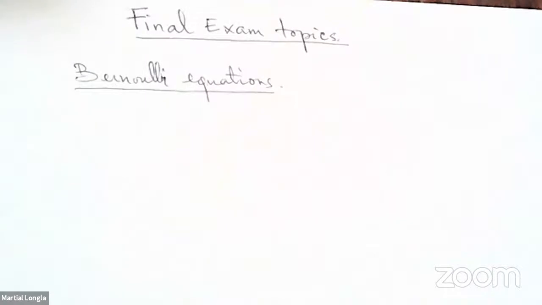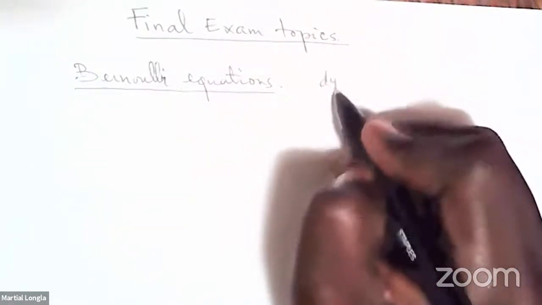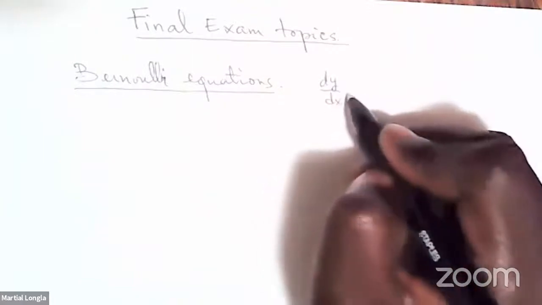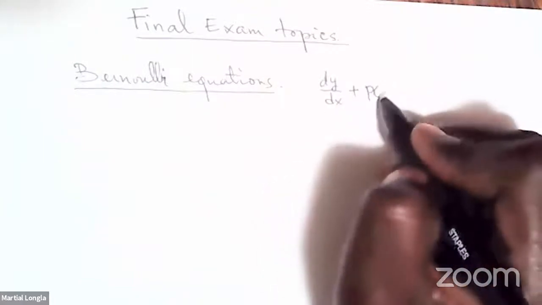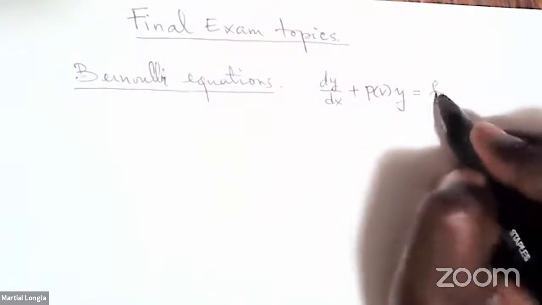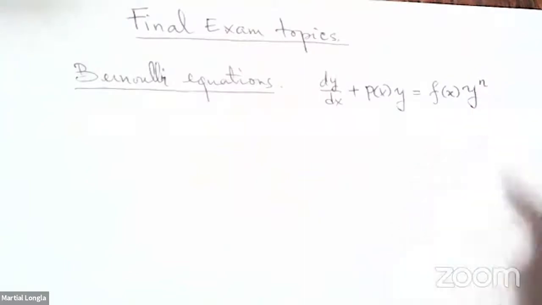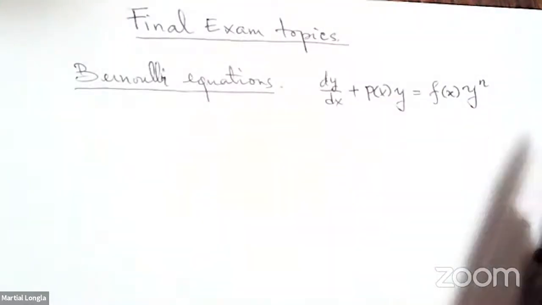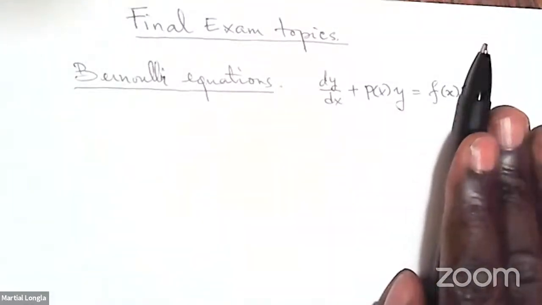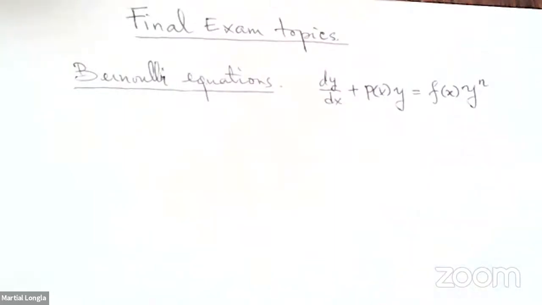A Bernoulli equation is an equation of the type dy/dx + p(x)y = f(x)y^n. So it's just a linear first order differential equation for which we multiply the right hand side by y to the power n.